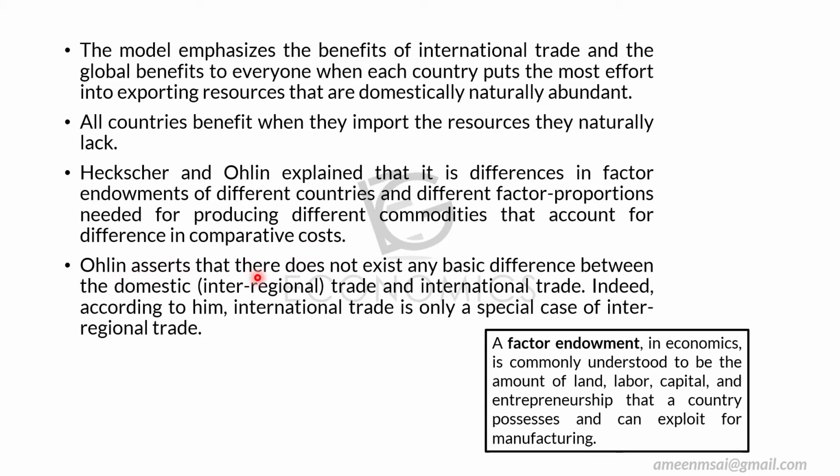Ohlin asserts that there does not exist any basic difference between domestic trade and international trade. According to Ohlin, there is no difference between domestic trade and international trade. Indeed, according to him, international trade is only a special case of inter-regional trade. So he says that international trade is an updated version of inter-regional trade.